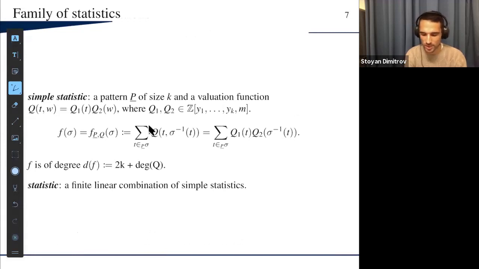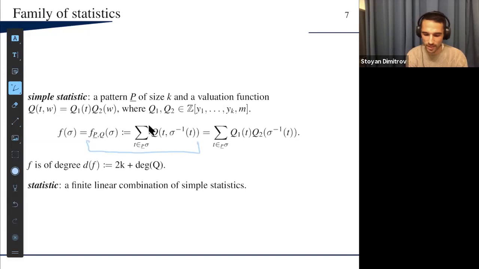So a simple statistic here will be defined by a pattern P of size K and some product of two polynomials Q. Basically, we will say that if a statistic can be written in this form, as just a summation of this polynomial Q over all occurrences of this pattern P, then I will just say, okay, this is a simple statistic.